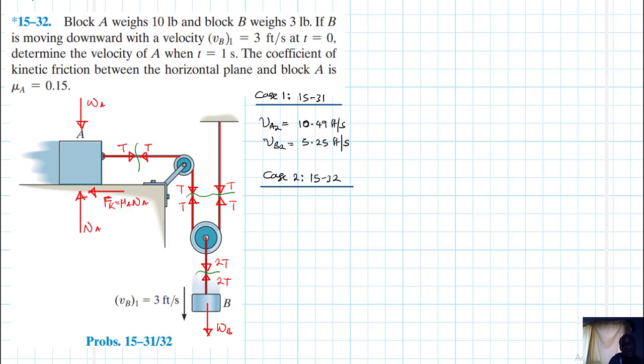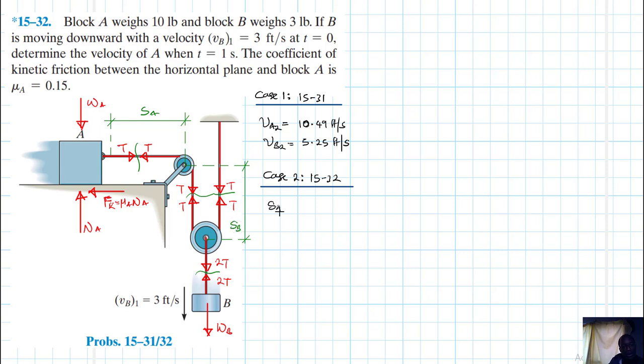So let's go to our case 2 quickly. So let's also find the positions which will relate, and once we take the derivative it will give us the velocities, right? Remember this concept. So this is our SA, this is our SB.